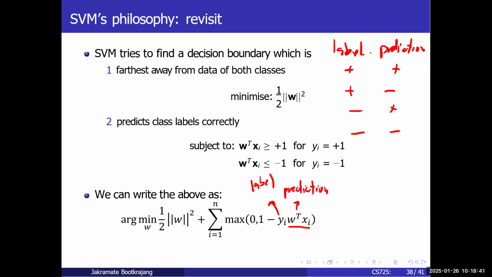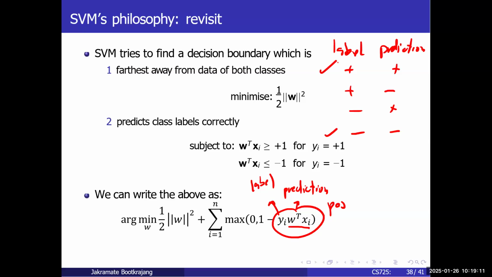So when you multiply the label with the prediction, you will have either positive or negative, right? What are the scenarios that you get a positive? You get this entire thing positive for this case and this case, right? Positive times positive, you get positive. Negative times negative, you get positive.